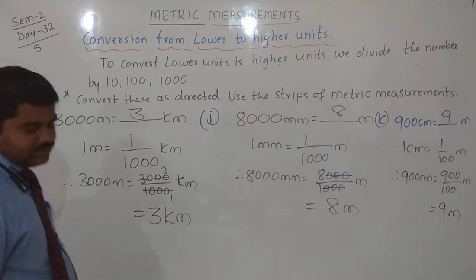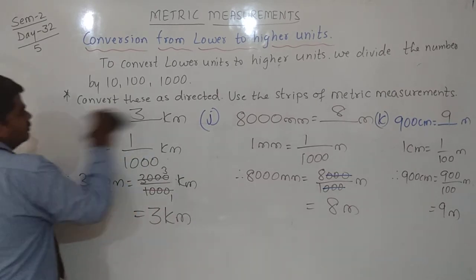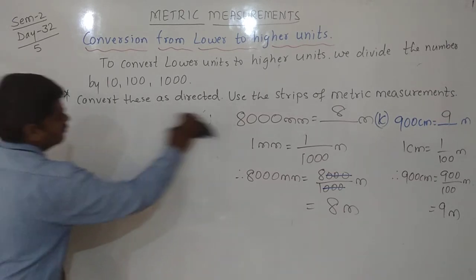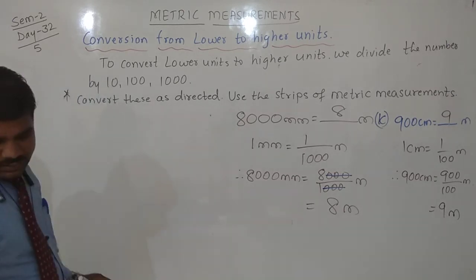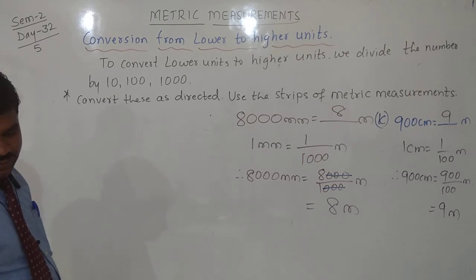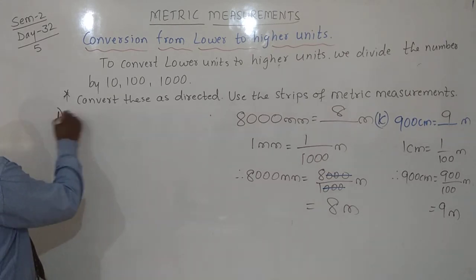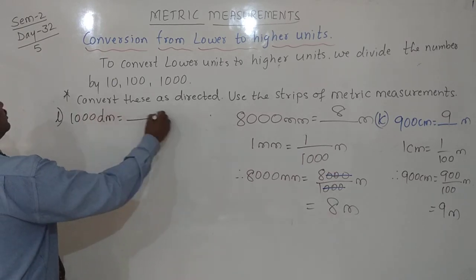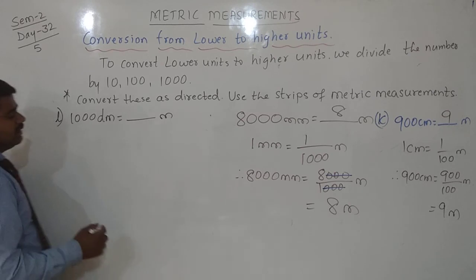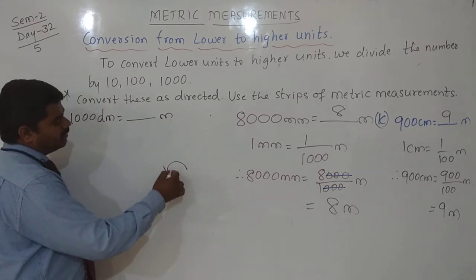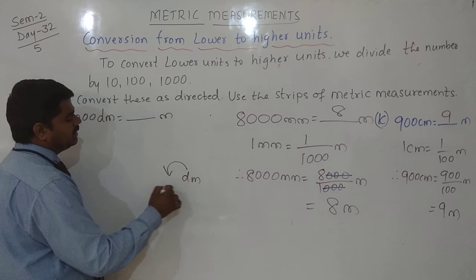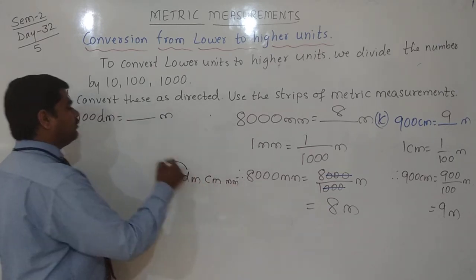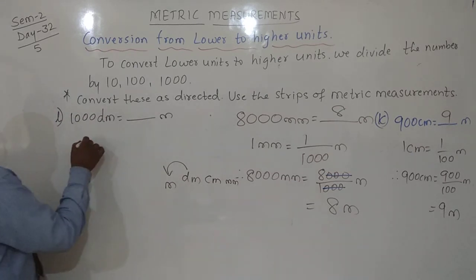L. 1000 decimeter to meter. 1000 decimeter to how much meter? Yes, decimeter to meter means only one place. Here decimeter, here meter, here centimeter, here millimeter. Only one place means you divide by only 10, right?